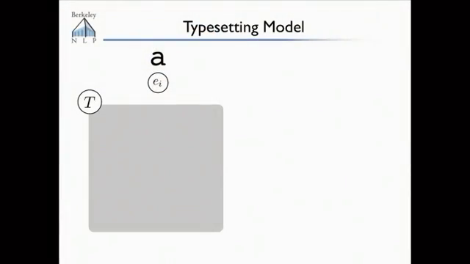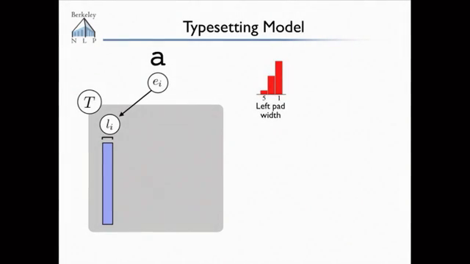Okay, so I'll talk about the typesetting model, and we'll look at the typesetting process for the token at index I, and it works the same way for each token. So the character random variable at index I is E sub I, as we've seen, and let's say that that's an A. So the first thing we're going to do in the typesetting process is generate a random variable L sub I, which specifies the width of the left padding box.